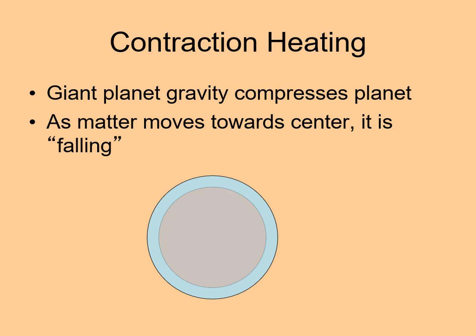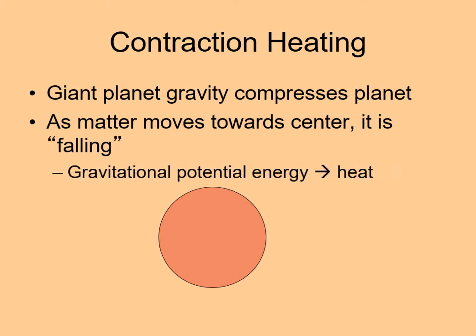However, as they shrink, this causes the outer layers to slowly fall towards the center. As we know, anytime something falls, it loses gravitational potential energy. This energy is being converted into heat, keeping the interiors of these giant planets hot.